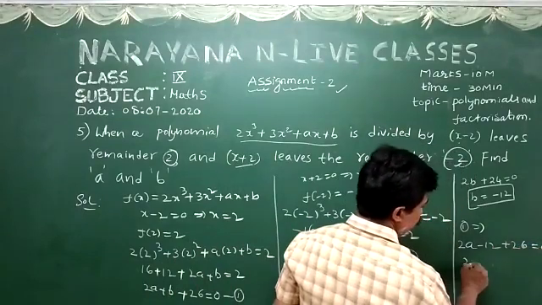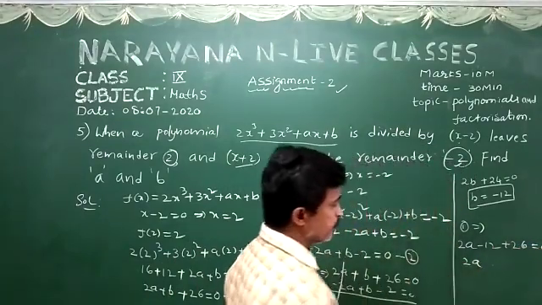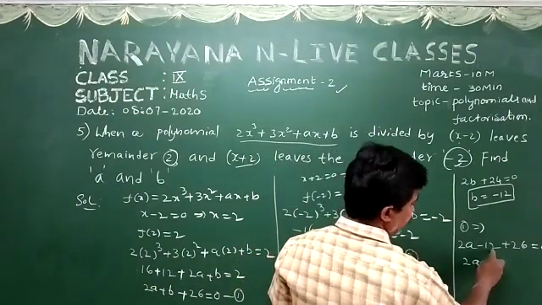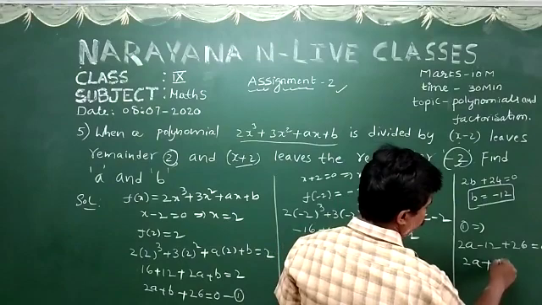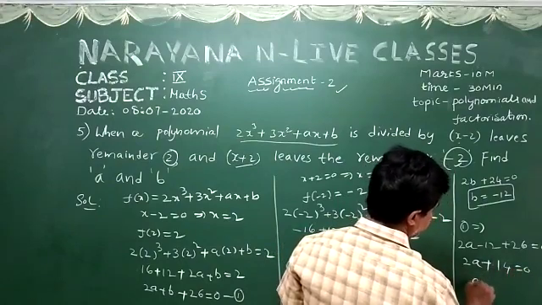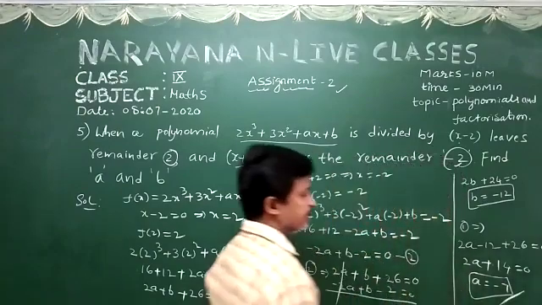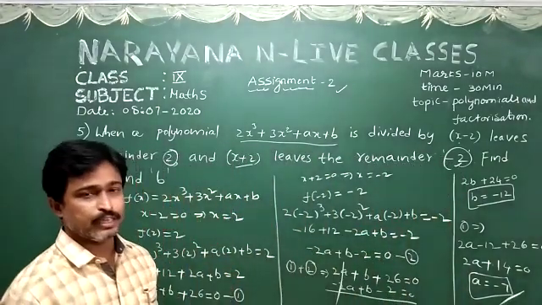That is equal to 2a, 26 minus 12, that is equal to plus 14, is equal to 0. By using this, a is equal to minus 7. So the value of a is equal to minus 7 and b is equal to minus 12.